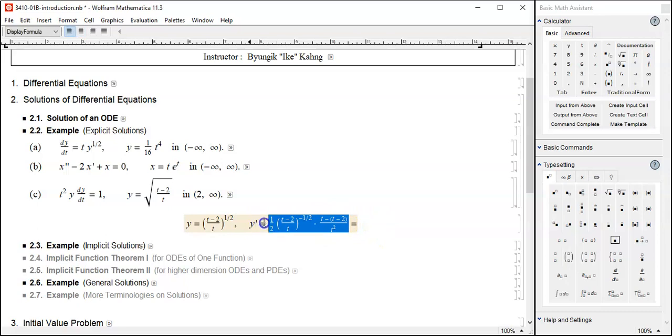Can you simplify? Let's see, t minus t, and then minus minus plus, so this whole thing will become 2. Yeah? And then this 1/2 and 2 will cancel each other out. And looks like this is what I'm going to get. Is everybody happy with this computation?